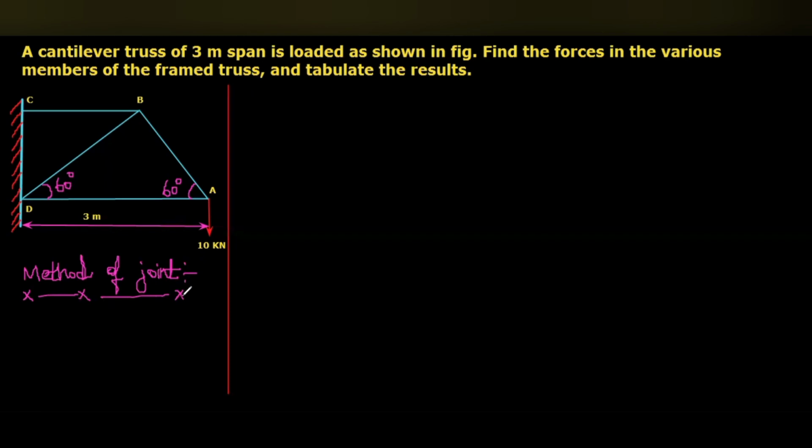By using method of joints we can start from any joint, preferably the joints at the corner.